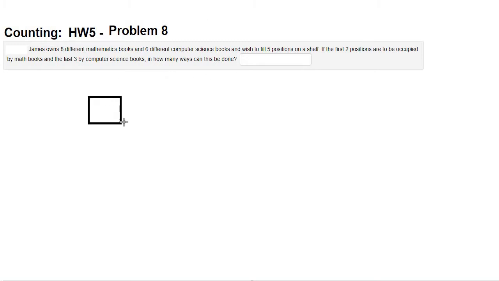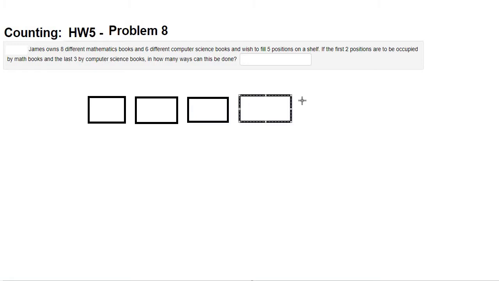Let's illustrate this question. So we have 5 different sections of a shelf, and we would like the first 2 filled by mathematics books and the last 3 with computer science books. To be able to distinguish them, I would like to give some letters.